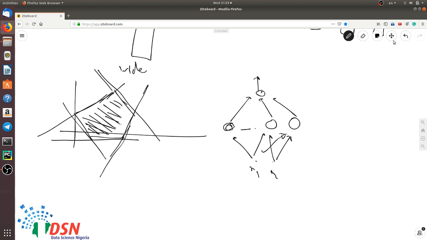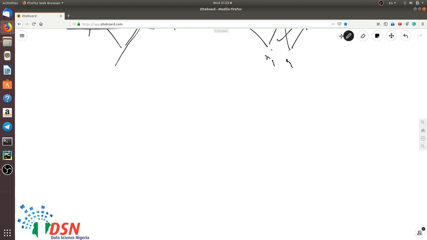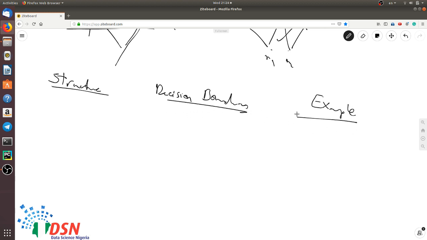In general, we could write that as in this table. Here we have the structure, decision boundaries, and an example.